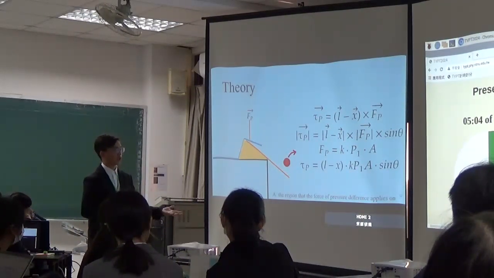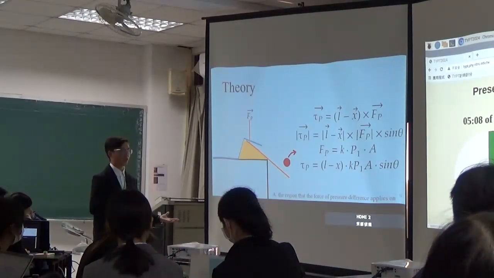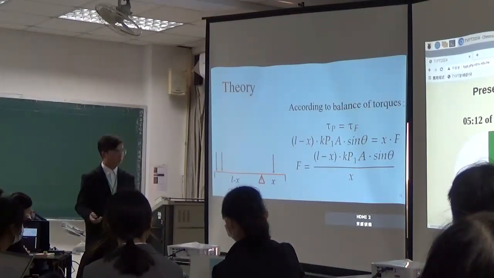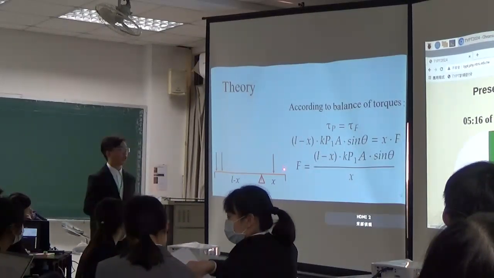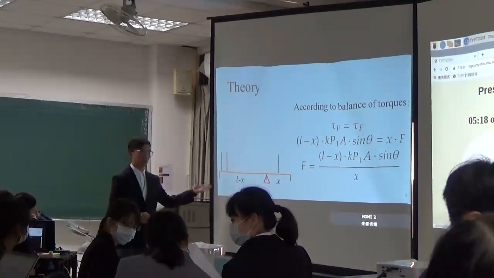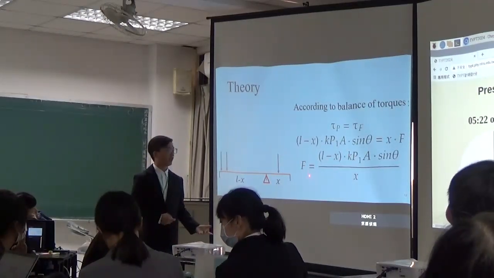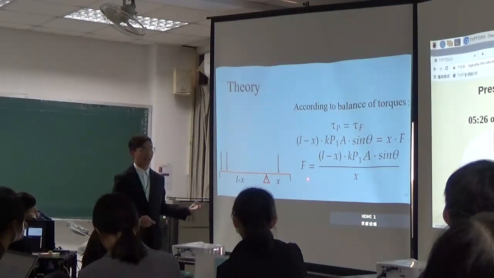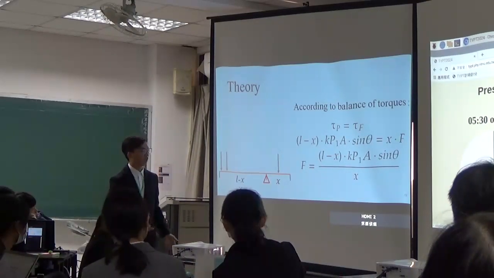We also multiply by sine theta here for the contact angle, which will also be a consideration in our experiments. According to the balance of torques, in order to hold the ruler on the table, torque P equals torque F, right? So we put it into this equation, and finally we get a theoretical value of F, which is here.